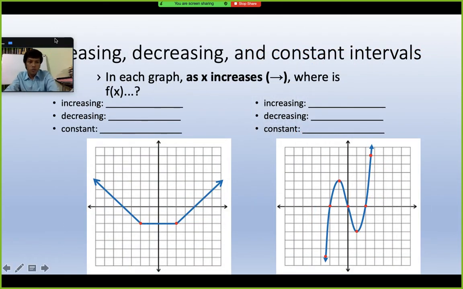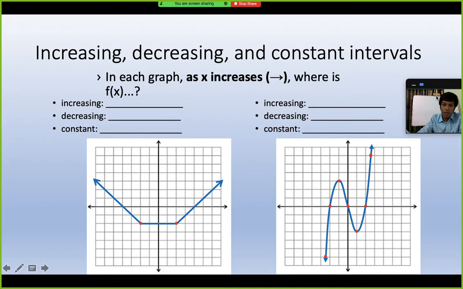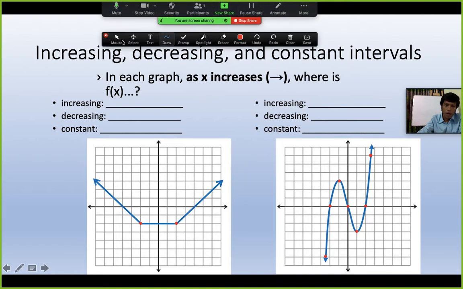Now come to another important topic, which is increasing, decreasing, and constant parts of a function. This is another important thing in pre-calculus.